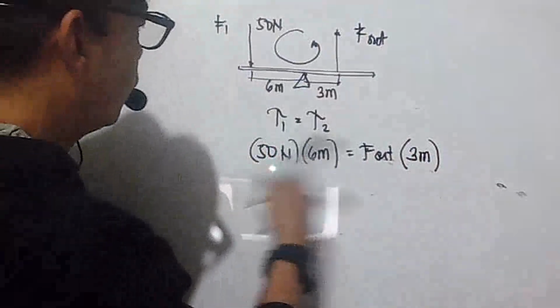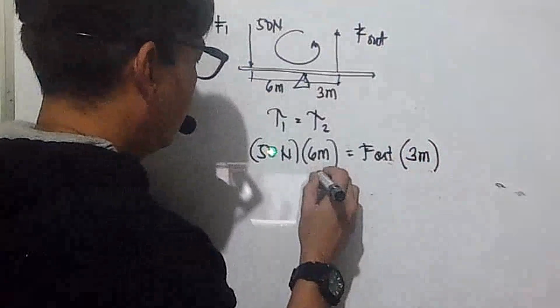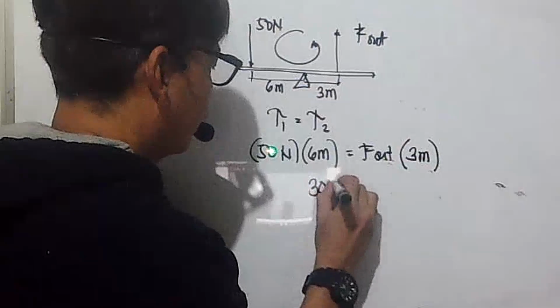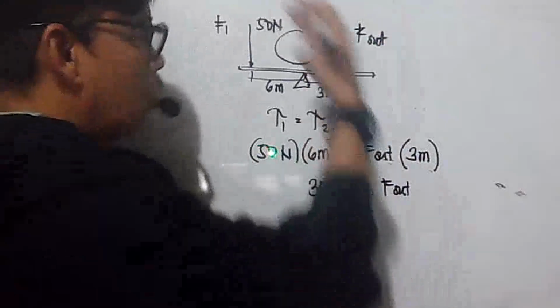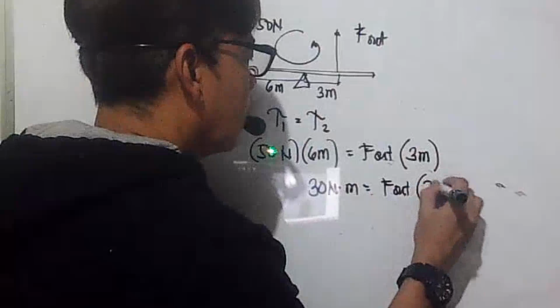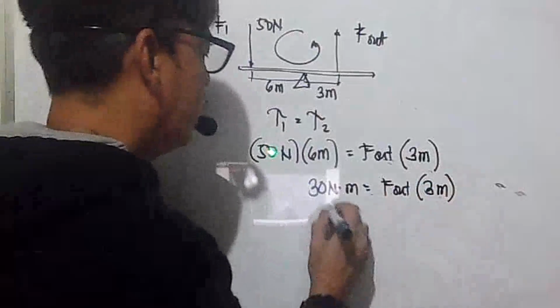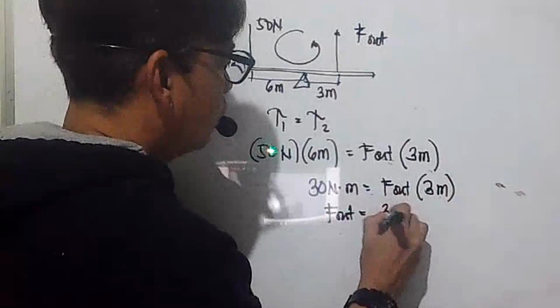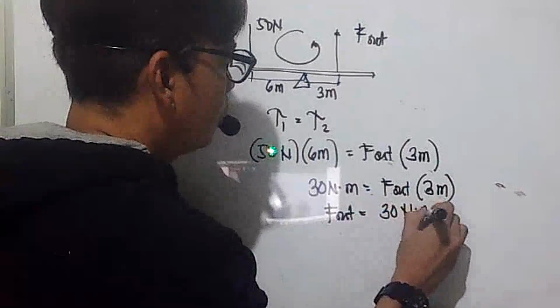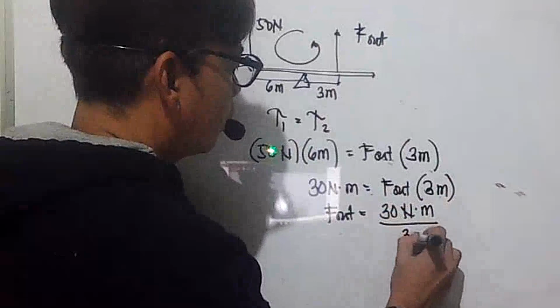I'll be solving this first. It is equal to 300 newton meters, equal to your force going out multiplied by 3 meters. Isolating your force, F out is equal to 300 newton meters divided by 3 meters.